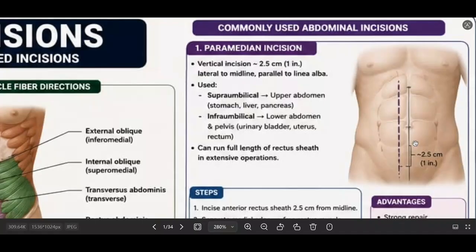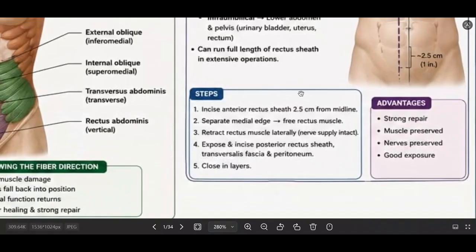Okay. Now what are the steps of the operation? Let's study that exactly as it is mentioned in Snell. Step 1 is to expose the anterior rectus sheath. Step 2 is to incise the anterior rectus sheath 2.5 centimeters lateral to the midline. Step 3 is to separate the medial edge of the sheath.